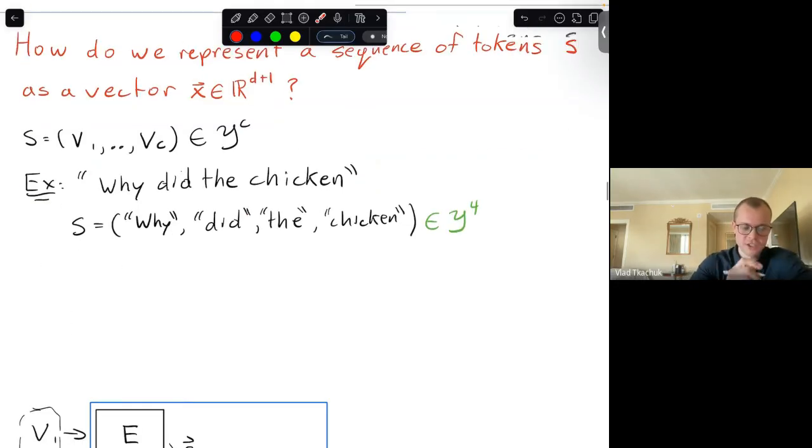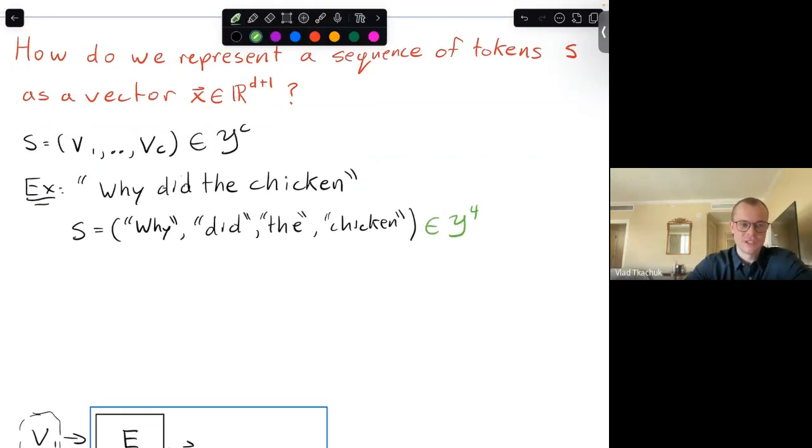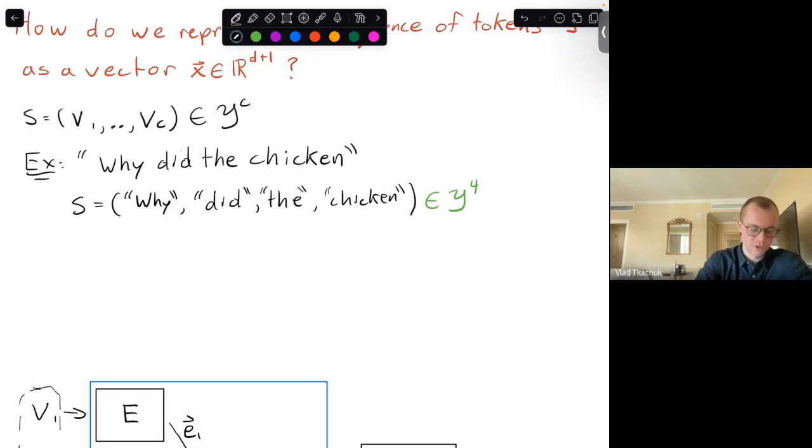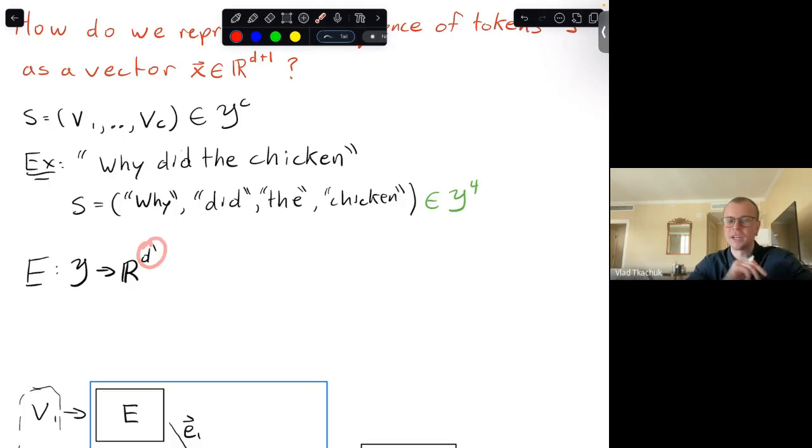Okay, so what are we going to do to solve this problem? It turns out it's actually quite a reasonable idea, though maybe not so obvious a long time ago. We're going to use something called an embedding function. It takes one token at a time and maps a token to a vector. The dimension of that space we'll call d prime for now, because we're going to end up combining a bunch of these vectors together.